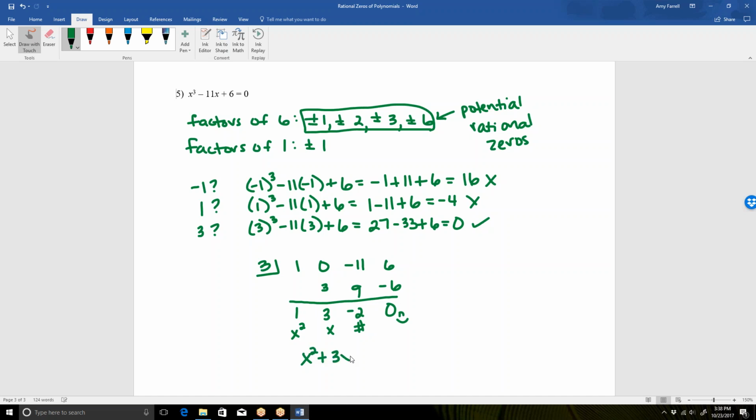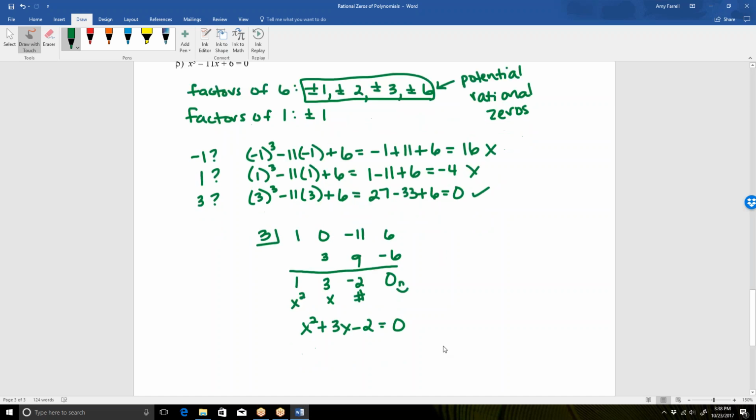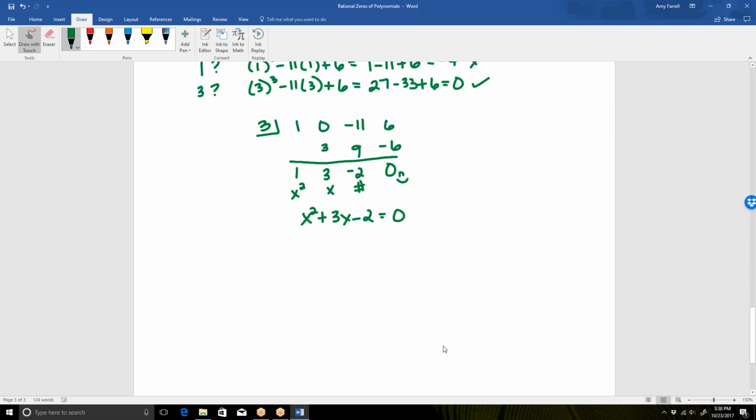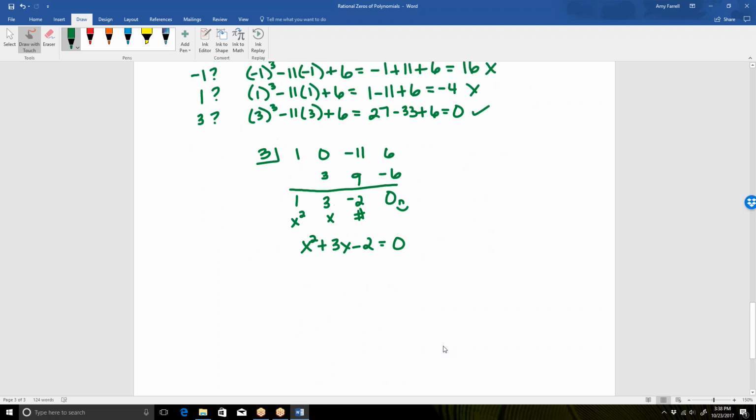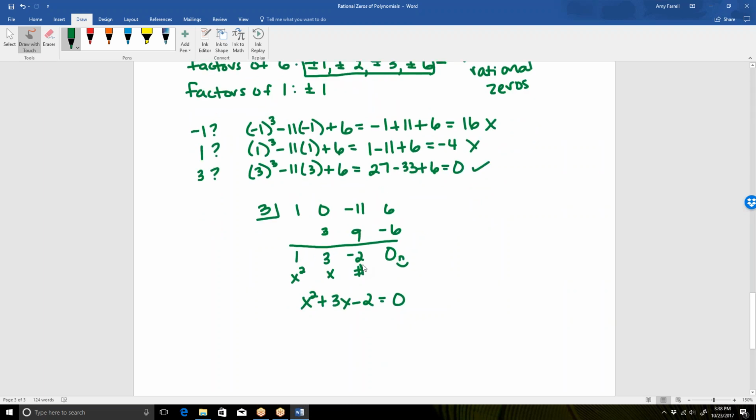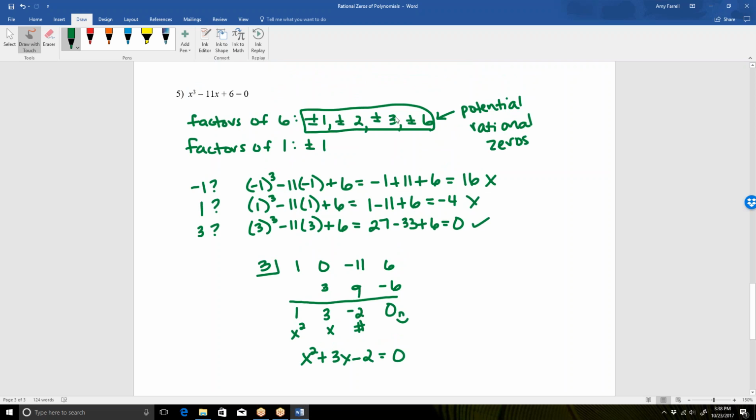So I need to now solve x squared plus 3x minus 2 equals 0 to come up with the other 2 solutions to this equation. Now this time, this equation does not factor. What that tells me is if I had continued to check the potential rational zeros, I wouldn't find another 2 that work.